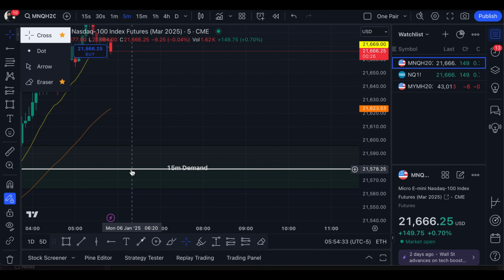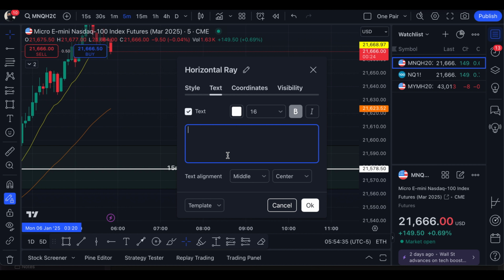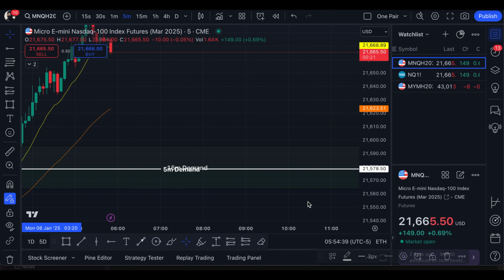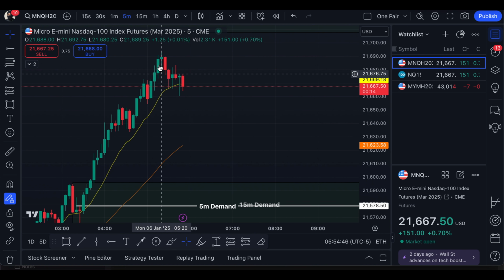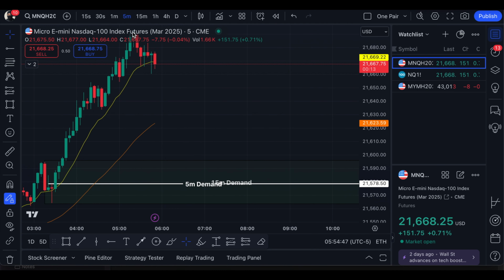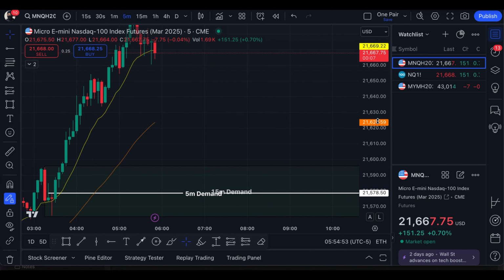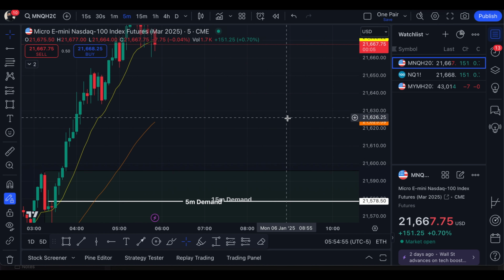Now this is a demand that I would usually consider. Only problem with this is that the market is on an uptrend, and to go into this 5-minute demand, it would actually be on a downtrend. It will have to break structure to the downside. So that may not be a good demand actually after all.